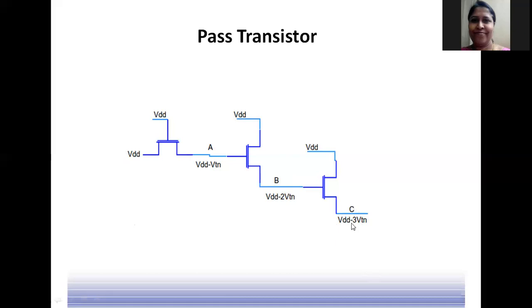So if you continuously connect MOS transistors in this fashion, at a certain point you will get a degraded logic high voltage which can be understood as a logic low voltage. So we should not use or connect MOSFETs in this fashion to pass logic levels from one point to another point.